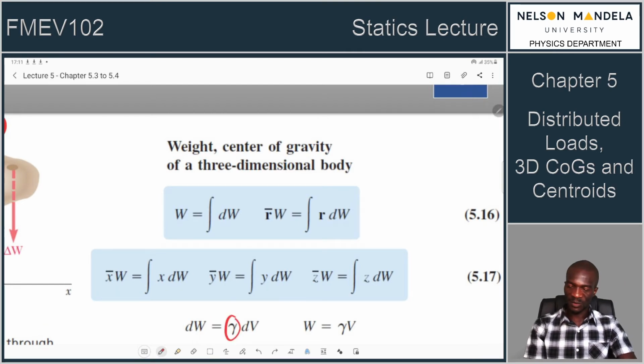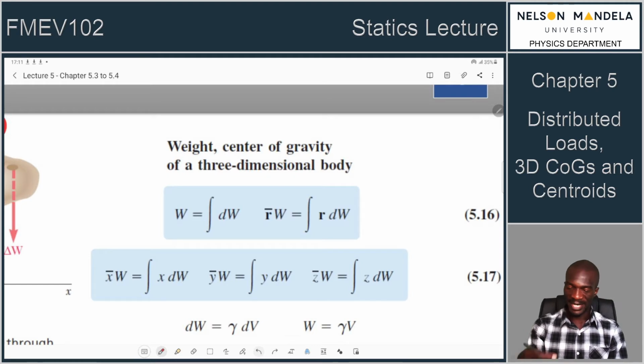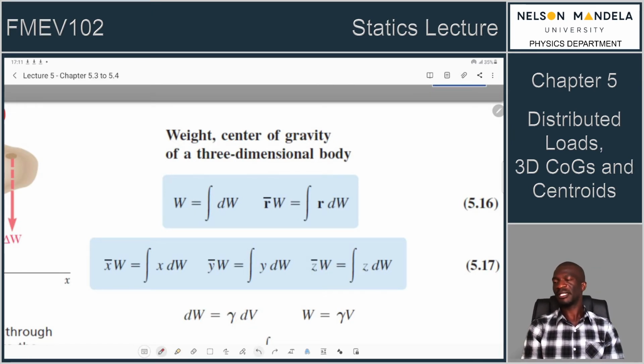But we have seen that for homogeneous bodies, we don't need to worry ourselves. Homogeneous bodies will always have a specific weight. So by definition, we know that for a small weight element dW on the distributed load, this specific weight can be multiplied by the small volume element, because the specific weight is the weight per unit volume.